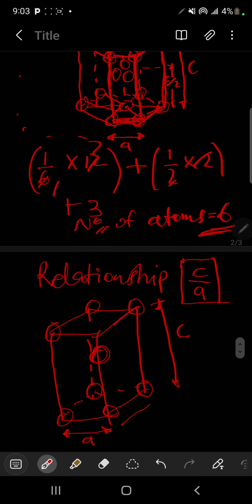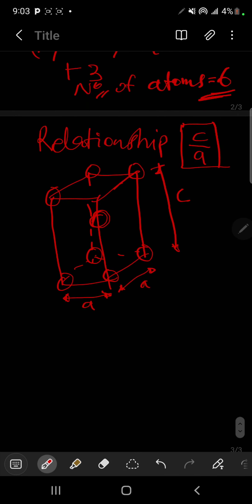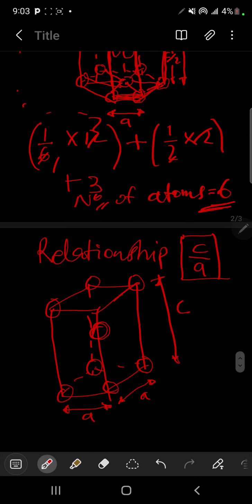Yes, even this section is the same as A. Yes, just like that.